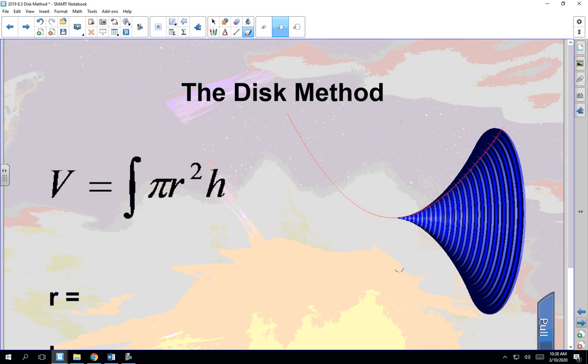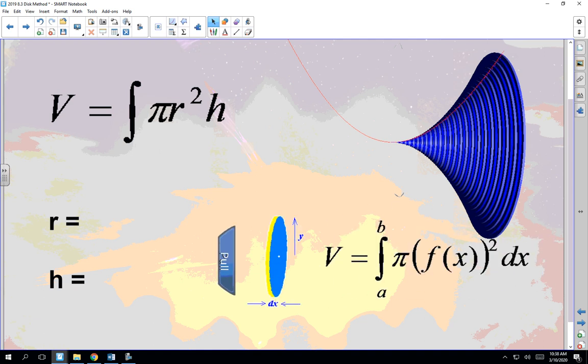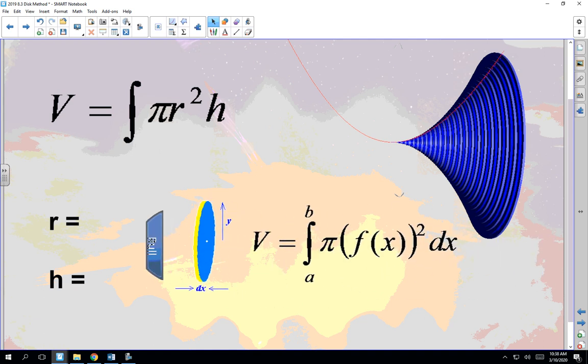So here's the disk method. If you have volume, and you need to write this down, volume equals integral of pi r squared h, and we have to swap out for r f of x, and h becomes dx.